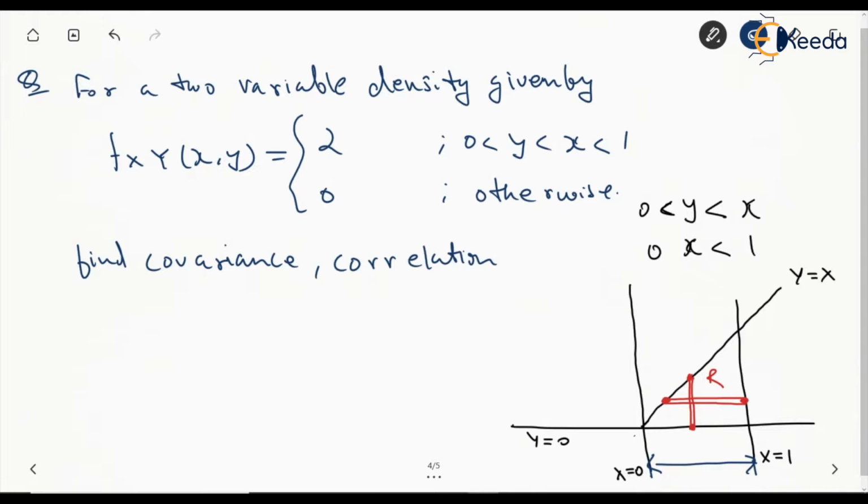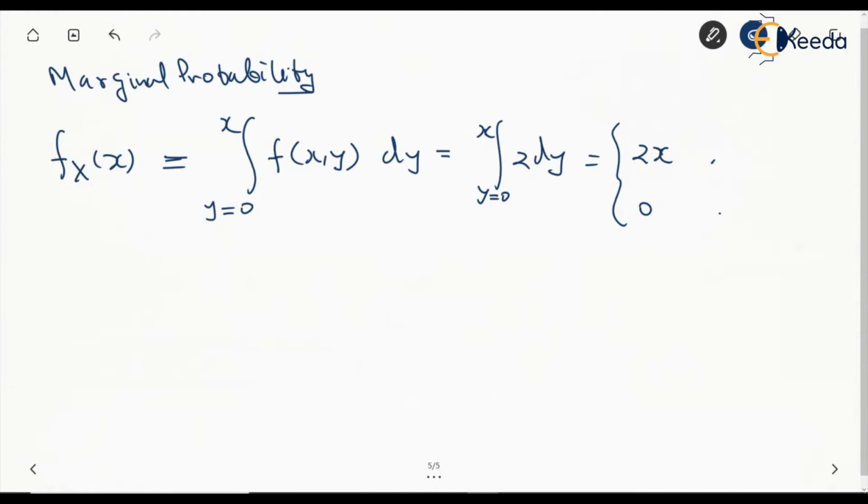So this element starts from here, then it keeps on going up to here, right? It goes till here. That means x has a limit of 0 to 1. So this is valid for x between 0 and 1, and it is 0 otherwise.